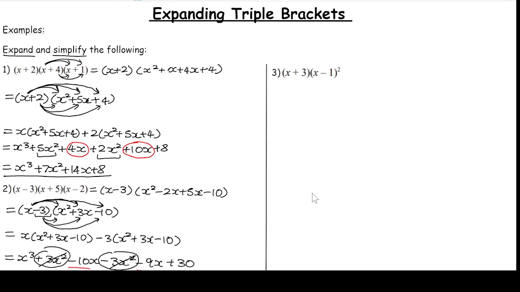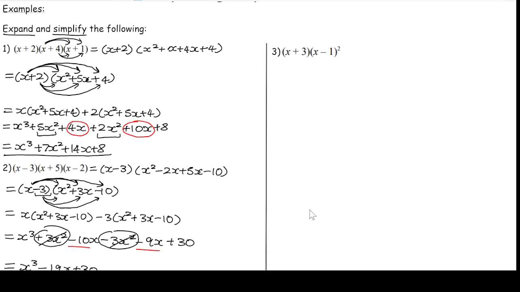Let's have a look at this final example. We have x plus 3, lots of x minus 1 brackets squared. What's unusual about this example? Well, we have an x minus 1 bracket squared. So how else can I write this?